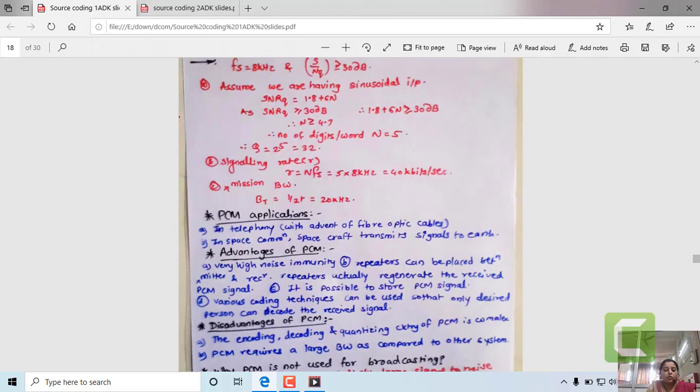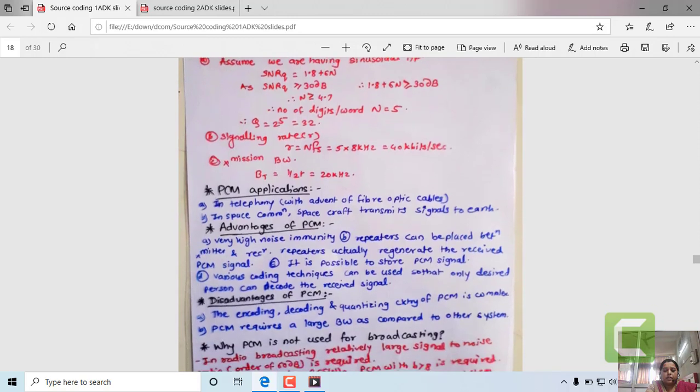As the output from PCM is in the form of digital bits, its coding can be done, and due to the coding, error detection and correction is possible on the PCM transmitted signal. These are the major advantages provided by the PCM system.